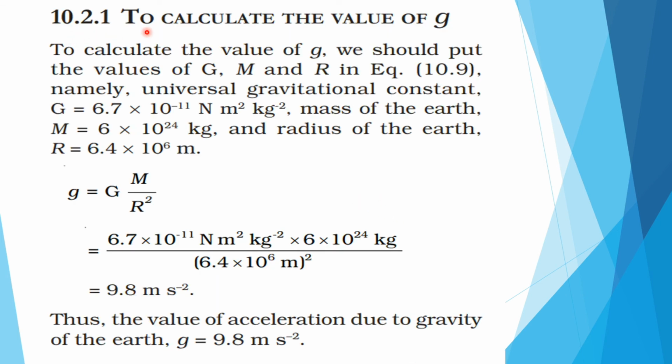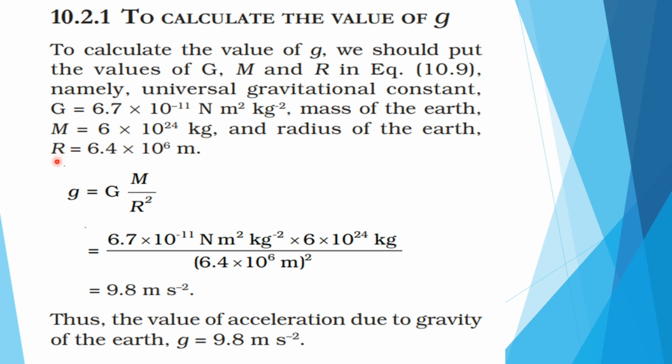Let us calculate the value of g. To calculate the value of g, we should put the values of G, that is the universal gravitational constant, the mass of the earth and the radius of the earth. So these are the values. G is equal to 6.7 into 10 raised to minus 11 Newton meter square per kg square. Mass of the earth is denoted by capital M is equal to 6 into 10 raised to 24 kg.